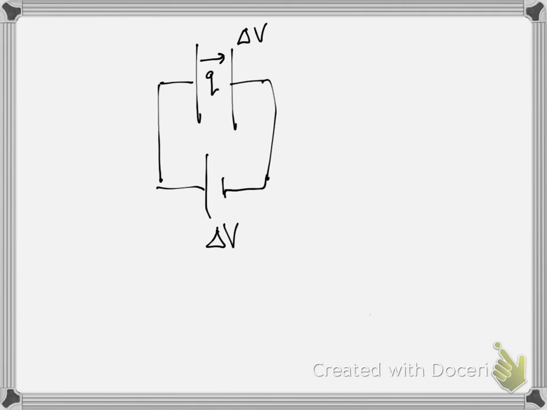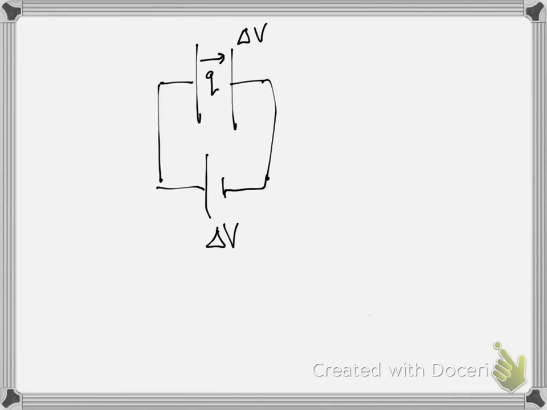If you think about what we're doing when we're charging a capacitor, we are moving the charges from one plate to the other. The plates would be neutral to begin with. But really, by charging a capacitor, it's the same as taking charges and moving them across the separation.